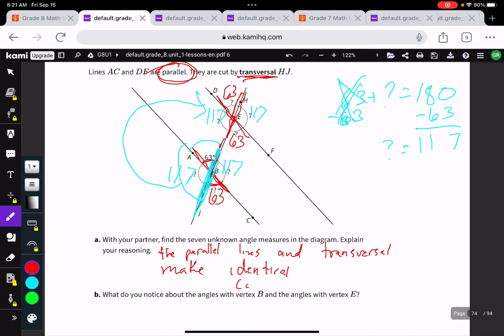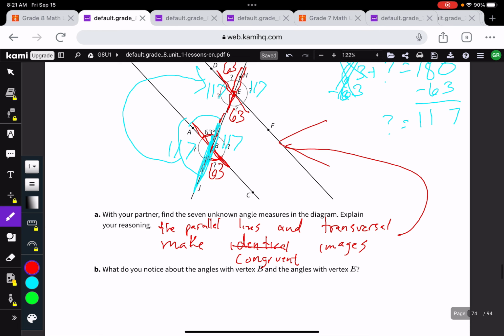Or better yet, we should say congruent. Why am I even bothering with that word? Shame on you. Congruent images. All right. And then we also have all of this. Everything we just did here is also explaining our reasoning. Numbers can also be used in our explanation.